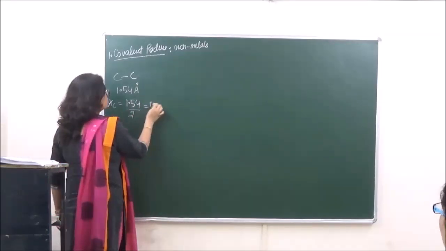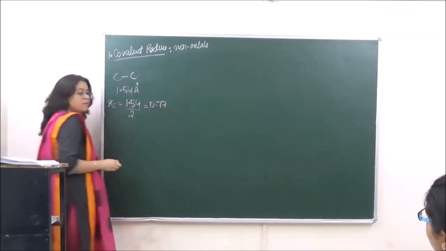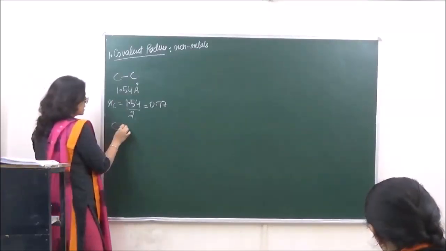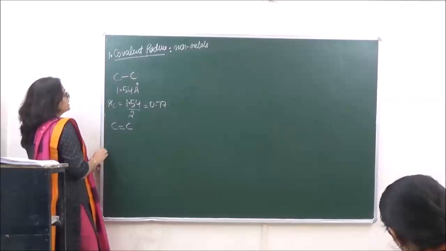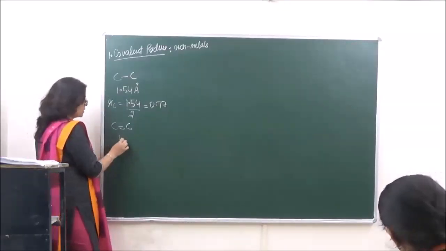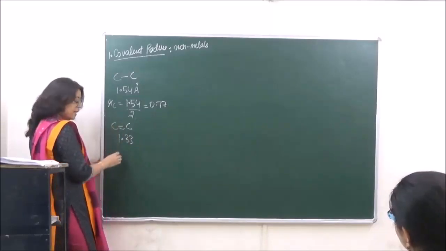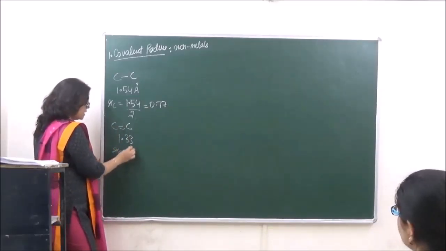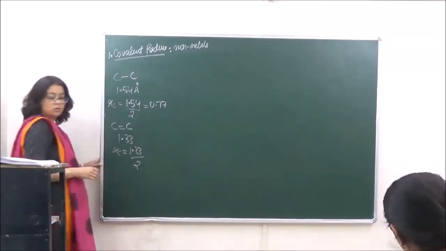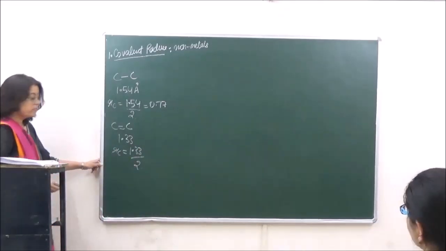So that comes to 0.77. Okay. Now if we are considering C double bond C, it is seen that the distance is reduced to 1.33. So in this case, the radius of carbon will be 1.33 divided by 2. So it comes to 0.665.